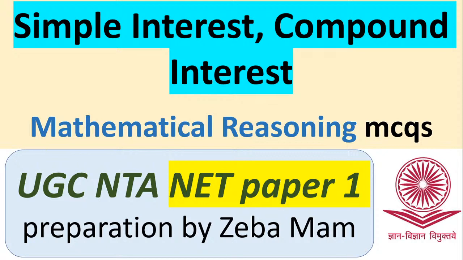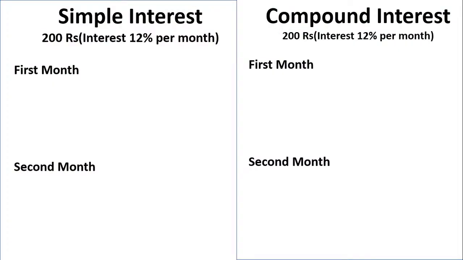So as you all know, simple interest questions are asked a lot in UGC NET paper 1 and they even ask you questions on compound interest as well. This topic might seem scary to you all, but after this session I'm sure you will be able to do it.